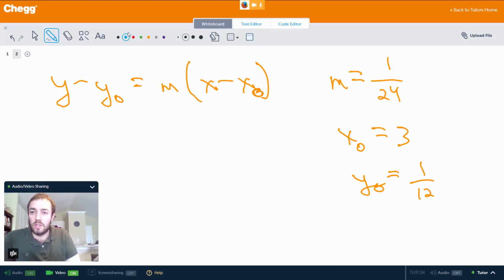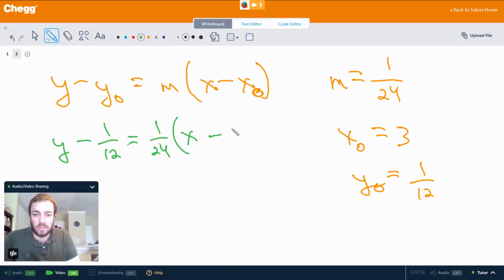Okay, so if we plug all these into here, we're just going to get y minus 1 over 12 equals 1 over 24 times the quantity x minus 3. Okay, now we could simplify a little bit. We could say y minus 1/12 equals 1 over 24x minus 3 over 24.